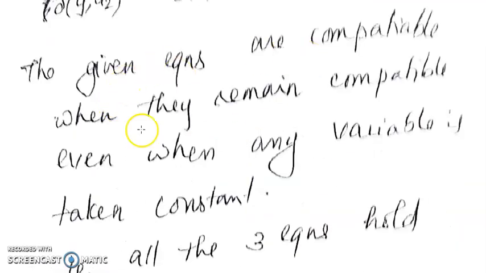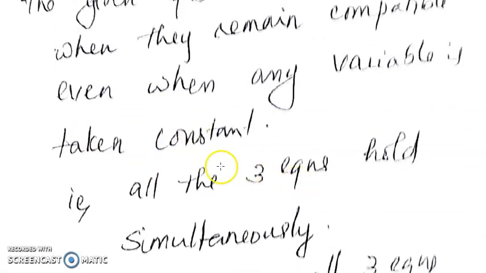So the given equations are compatible when they remain compatible even when any variable is taken constant. For the compatibility condition to hold, it will hold even if one of the variables is taken to be constant. So therefore, when you took z equal to a constant, x equal to a constant, y equal to a constant, all will be conditions of compatibility and they will hold simultaneously.